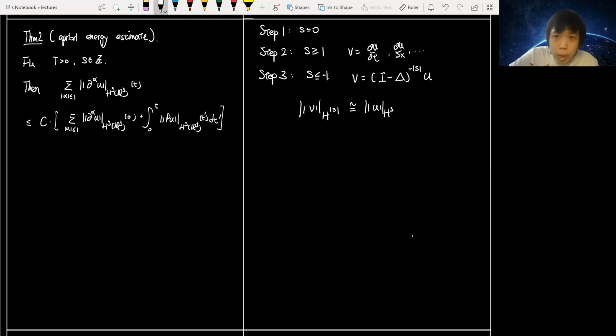Using that, you can extend it to every negative integer. So really, the most important case is when S equals 0, which is the part I'm going to give you a more detailed argument for. So let's first rewrite this estimate for S equals 0.